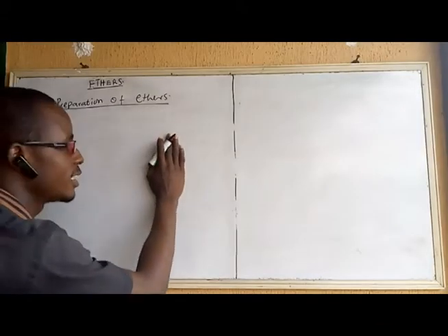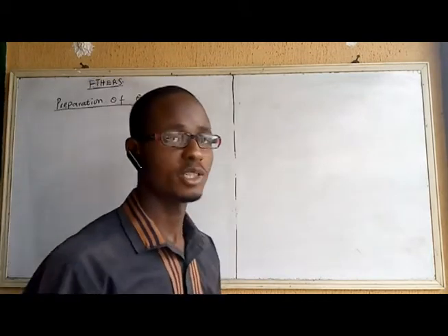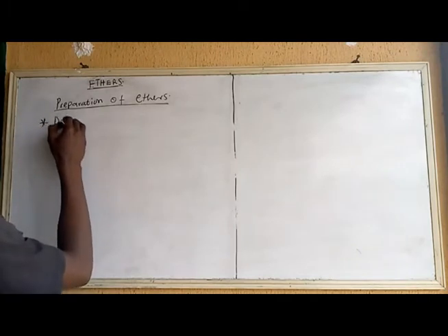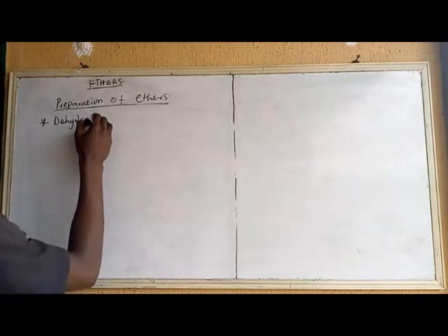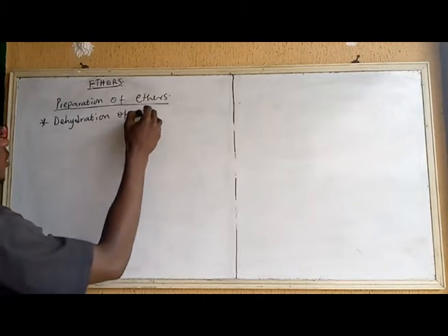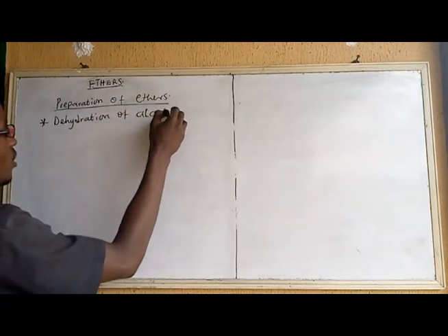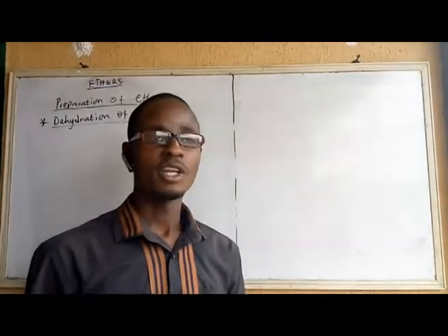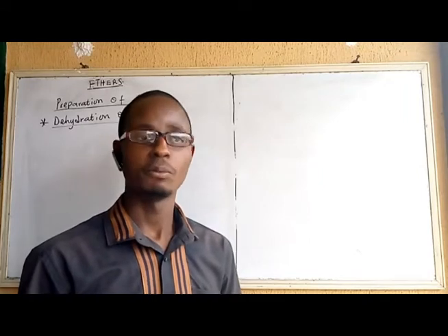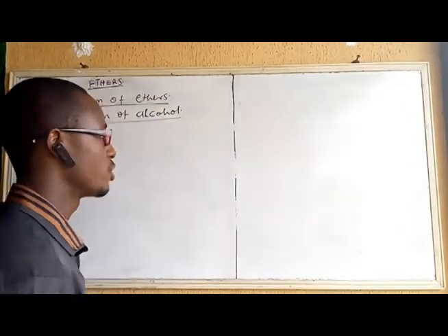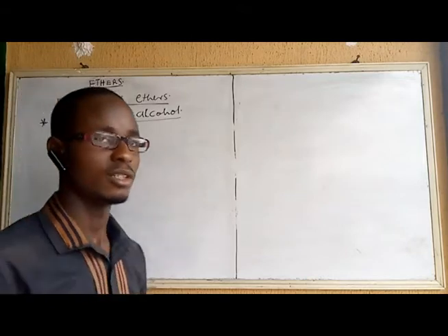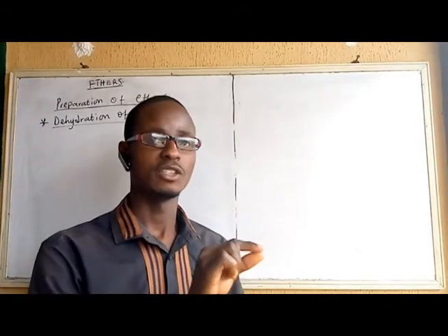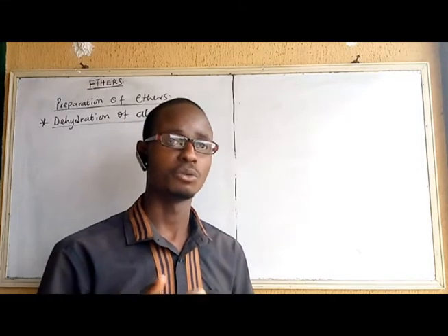Ethers are prepared by two methods. The first one is the dehydration of alcohol. This is achieved in the presence of H2SO4. When an alcohol is heated up in the presence of H2SO4, there is production of ether. The mechanism of the reaction explains that 1 mole of water is removed from 2 moles of the alcohol to produce ether.